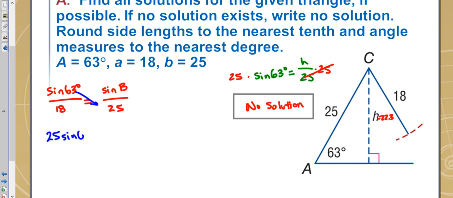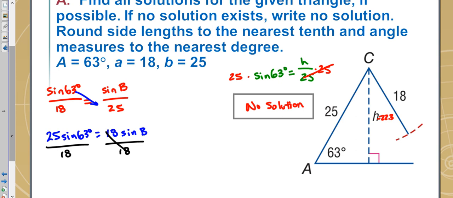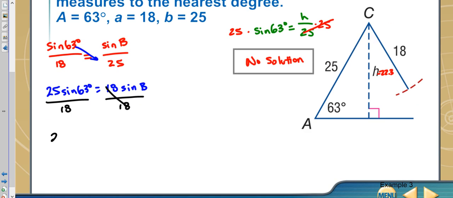So I would have 25 sine of 63 equals 18 sine of b. And I want to divide this by 18. And then lastly, there's one more thing we'll have to do. Notice that we'll have 25 sine of 63 degrees over 18 equals the sine of b.